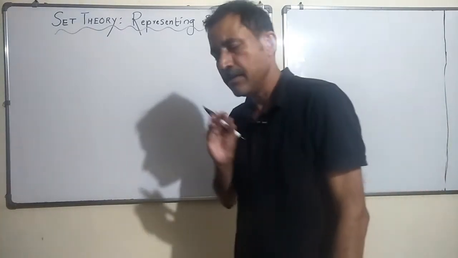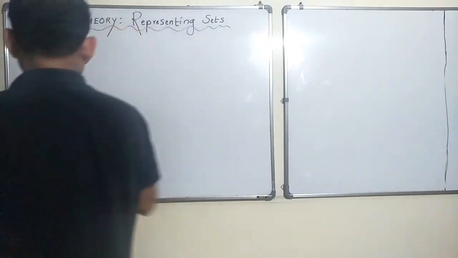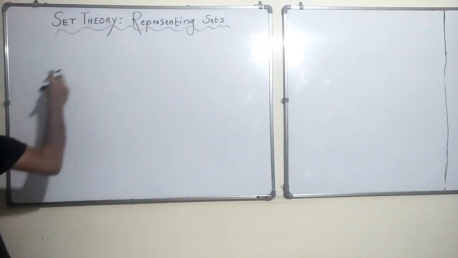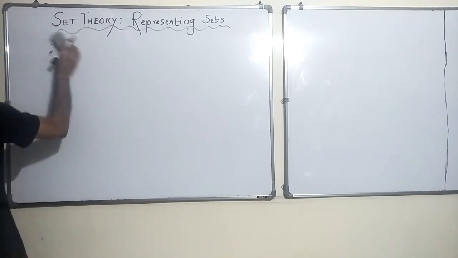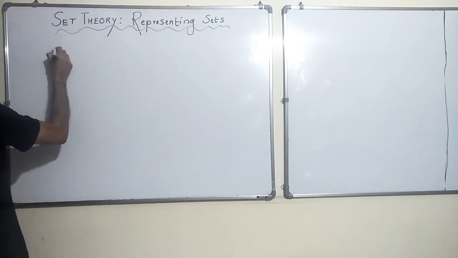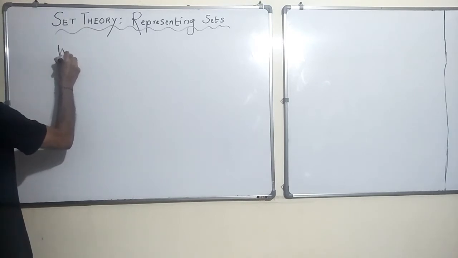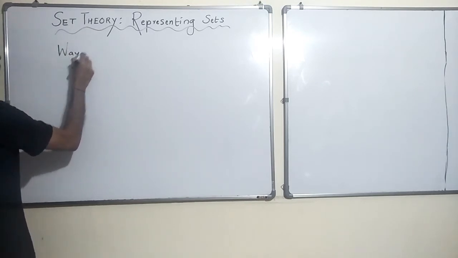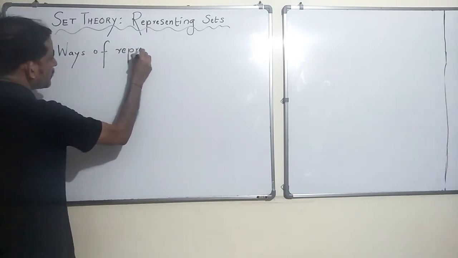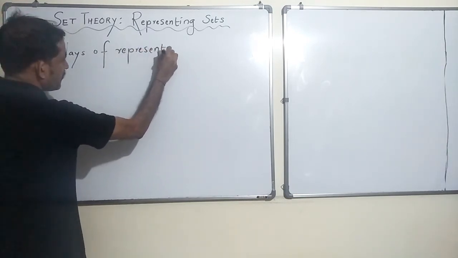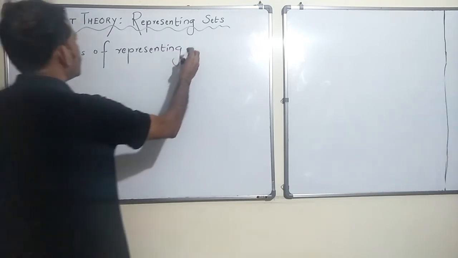So let's get right into today's class, right? So how can you represent a set, right? There are four methods, four ways of representing a set.